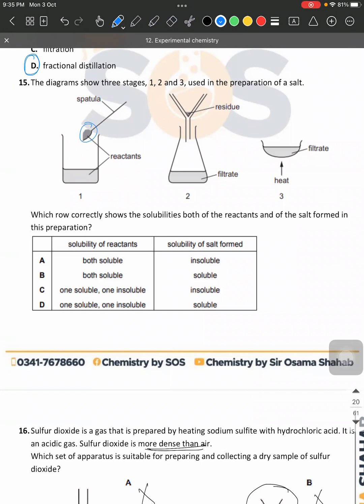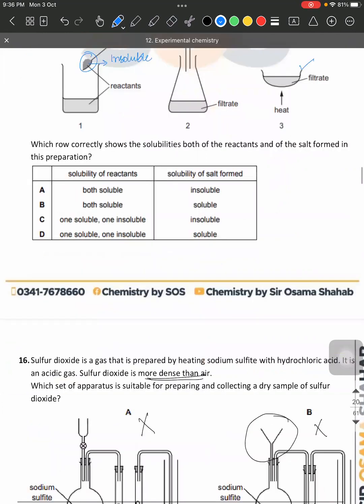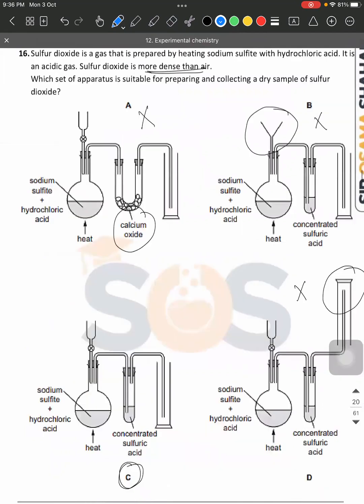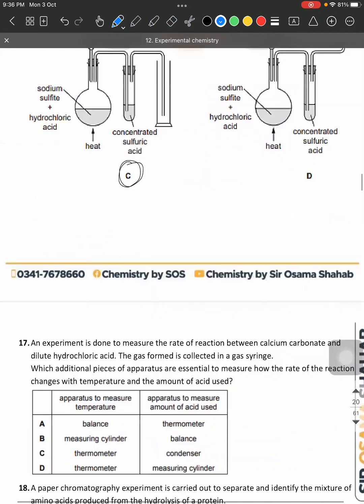Actually, when we are using the mixing method for the formation of salt, we use the insoluble reactant in excess, and it is actually insoluble, and it forms a soluble salt. So we are just skipping this because you are not aware of salt formation, so it will be difficult for you.